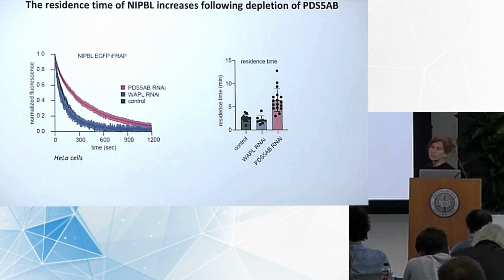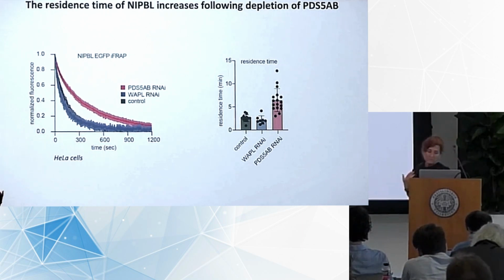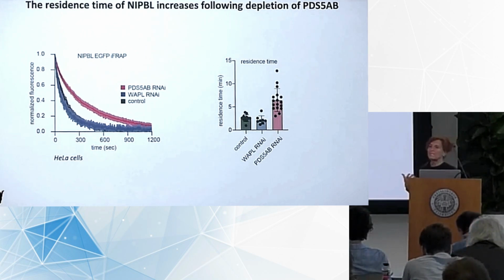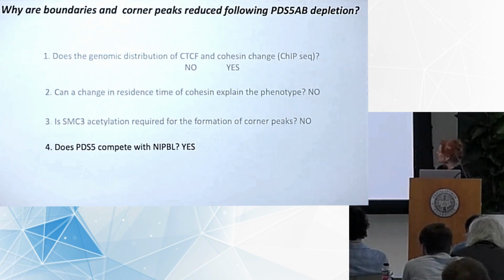We could even calculate the residence time from these curves. So now we end up with cohesin that has more NIPBL, and this NIPBL is more stabilized. So could it be that this cohesin is now more processive, and this will enable it to pass CTCF sites?